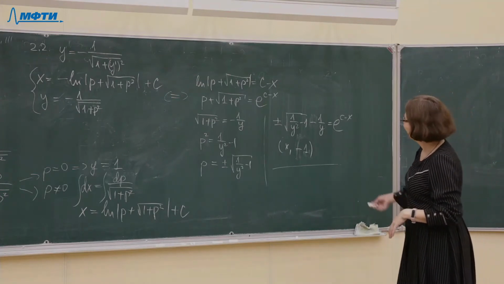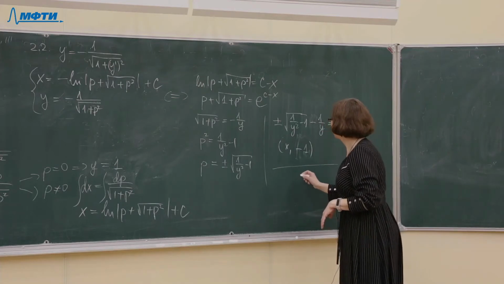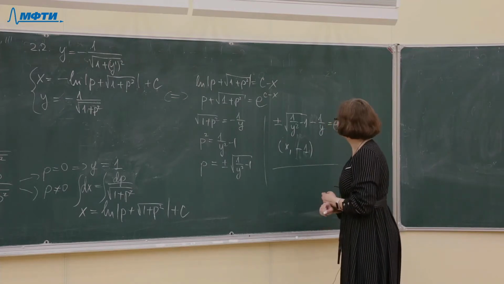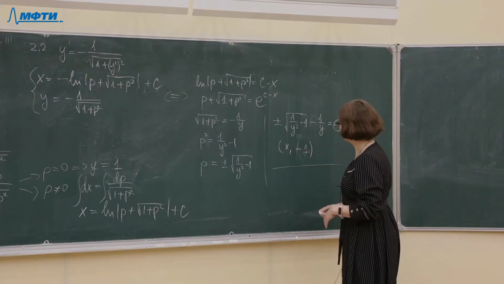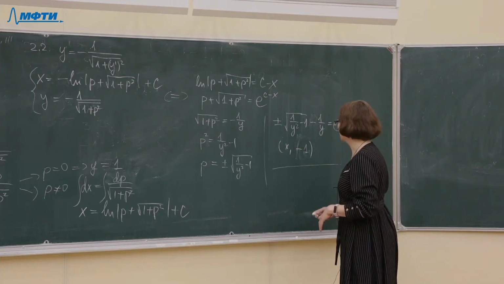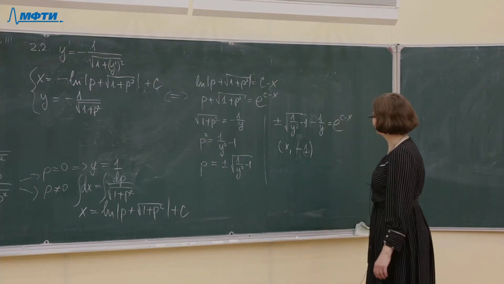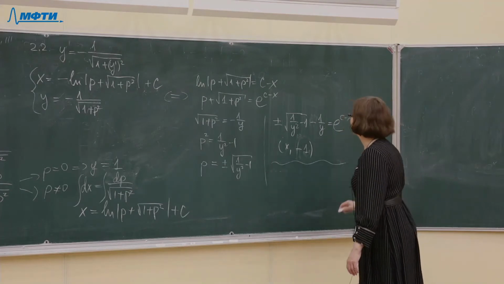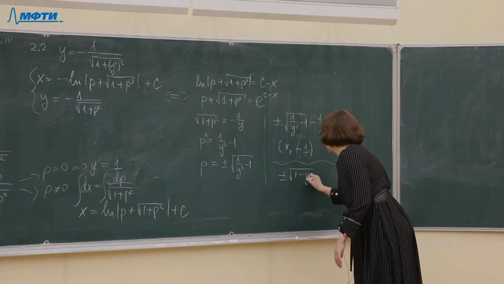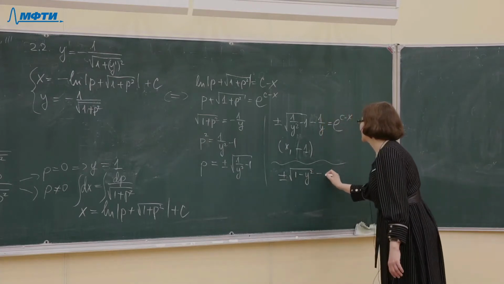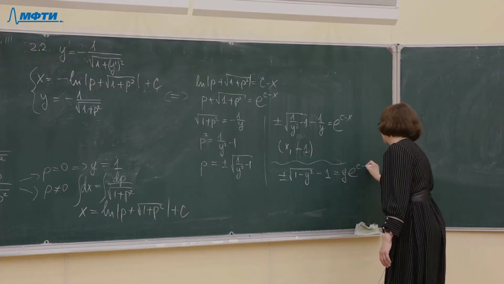Right? Let's differentiate this. It will be, multiply by y and then differentiate. I think it would be better. All right. Let it be plus or minus root 1 minus y squared minus 1 equals y times e to c minus x.